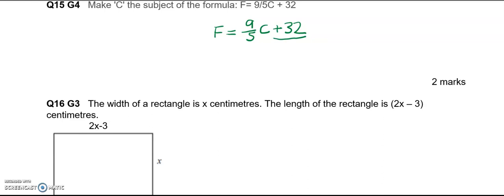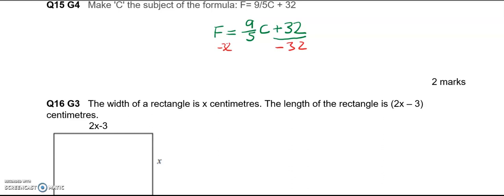And we need to do it to both sides in order for the equation to remain balanced, so both of the sides would be equal. So to get rid of the positive 32, we need to take away 32 from both sides. So I'll do that in red. So take away 32, and we'll take away 32 on this side as well.